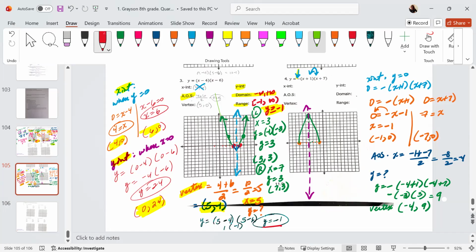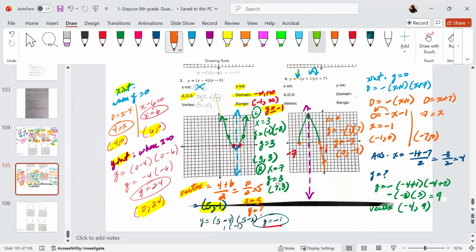So this one right here is a negative 1 and this is a negative 7, correct? If I pick a point on the right side of negative 1, it will be literally 0, right? So when x equals 0, y is negative 0 plus 1 is 1, 0 plus 7 is 7. So y is negative 7, right? 0 comma negative 7. 0, 1, 2, 3, 4, 5, 6, 7.